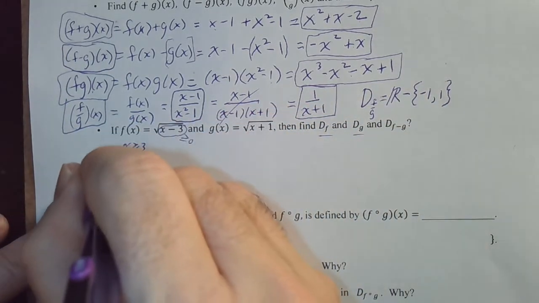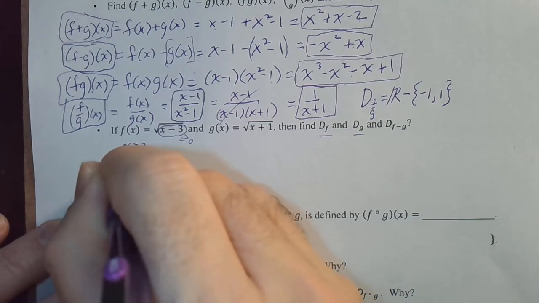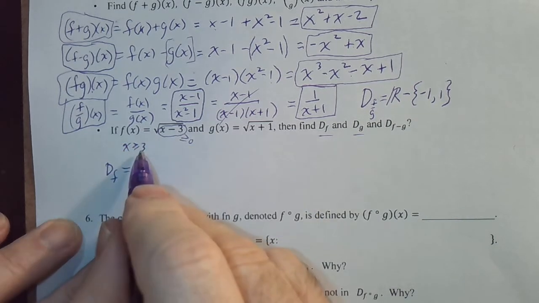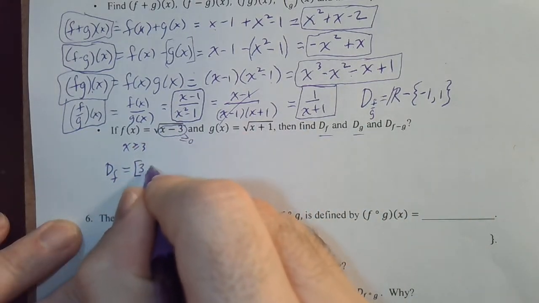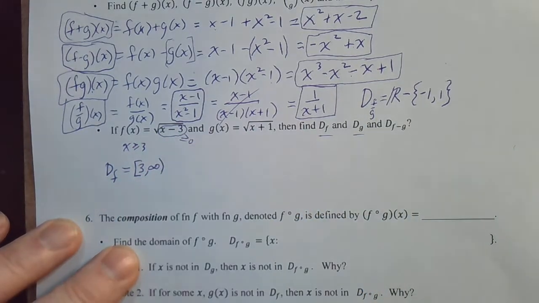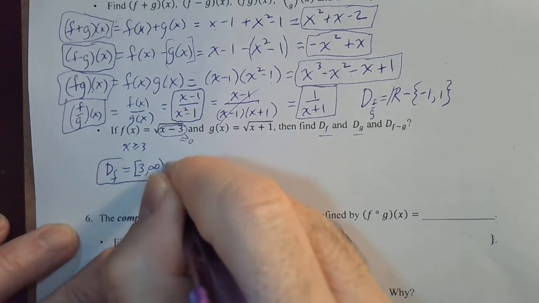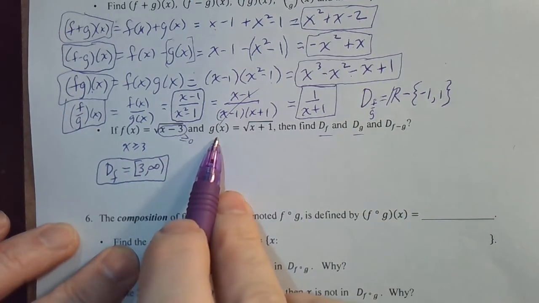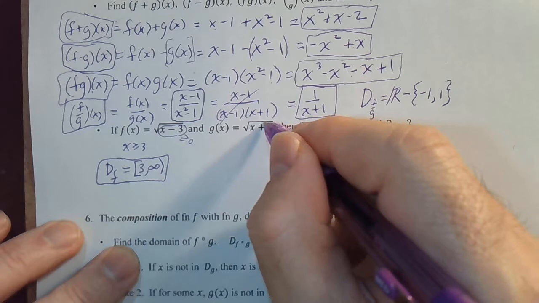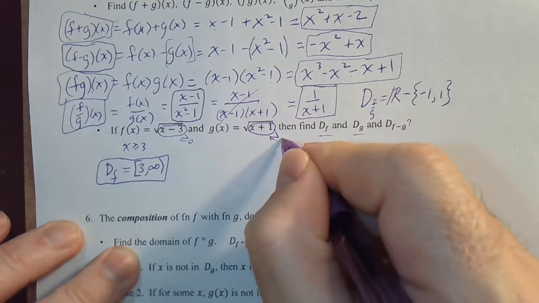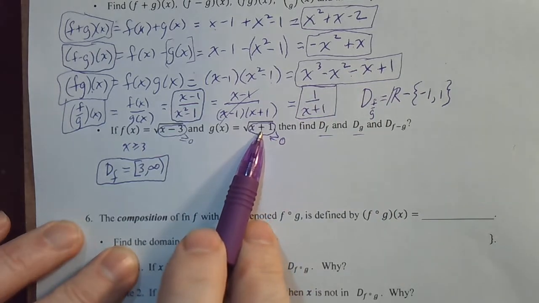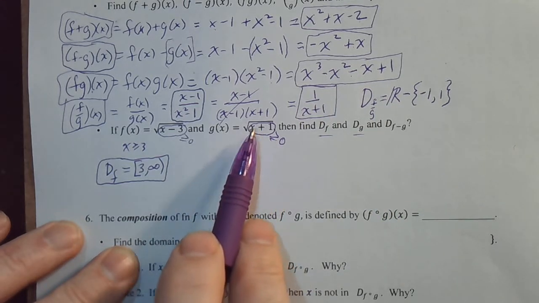Therefore, the domain of f is equal to the interval starting at 3 and everything greater, everything to the right on the number line. That was easy. Now g of x, I'm going to set everything underneath that radical greater than or equal to 0. And then I'm going to subtract 1 from both sides to get x by itself.